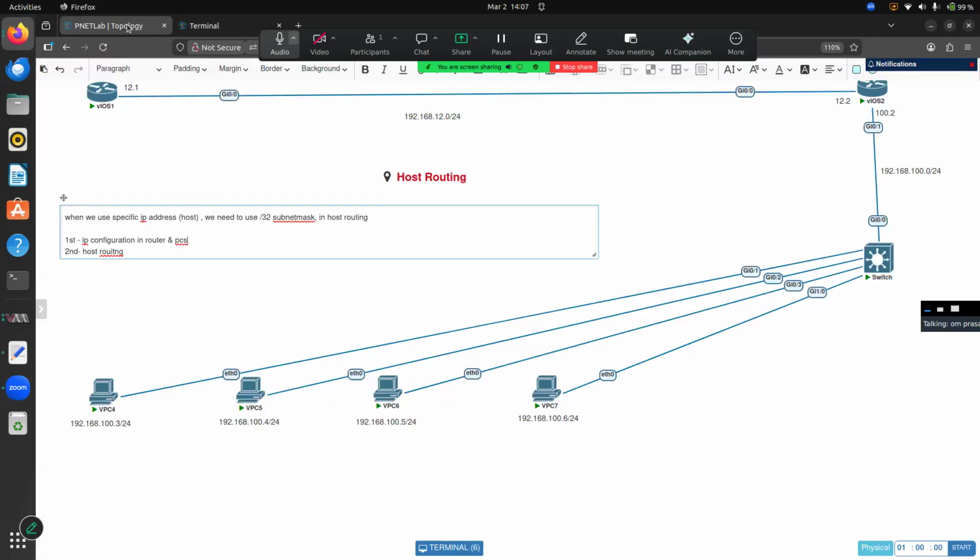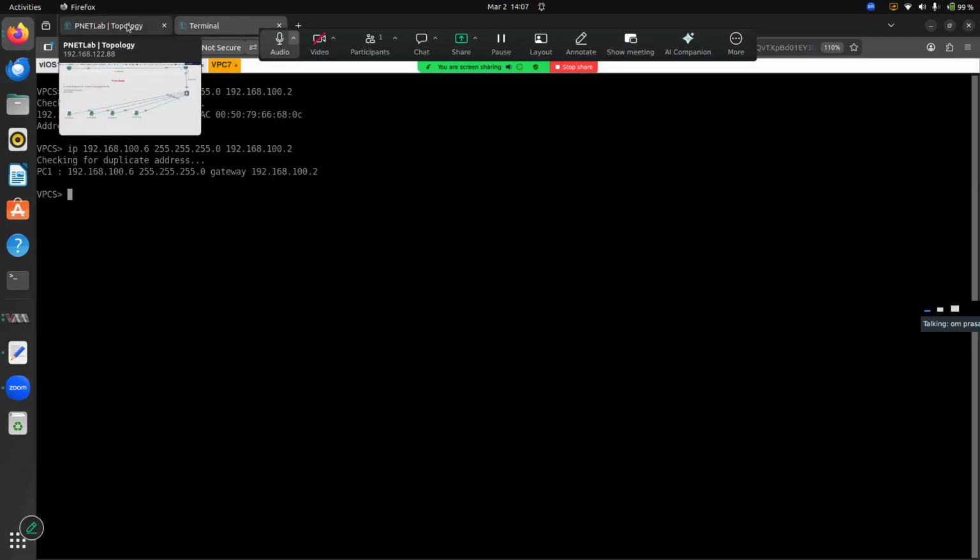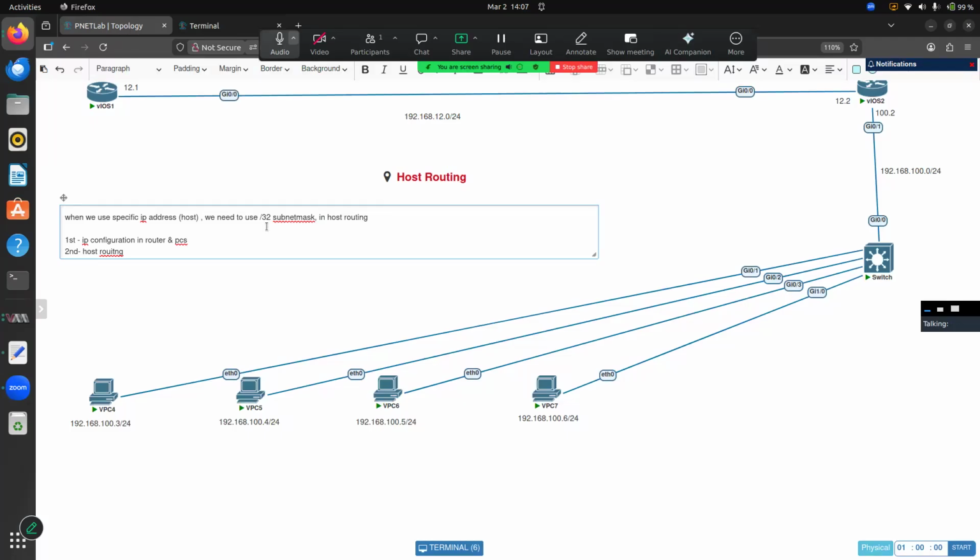Second, what do we have to do? Routing. IP configuration in the router and PCs is done. Now host routing we have to do. What is host routing? It means reaching a specific IP address under the network address. Suppose I want to reach this network, I don't want to reach these other networks, only this one.